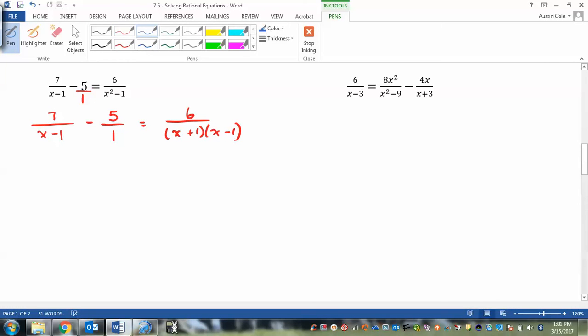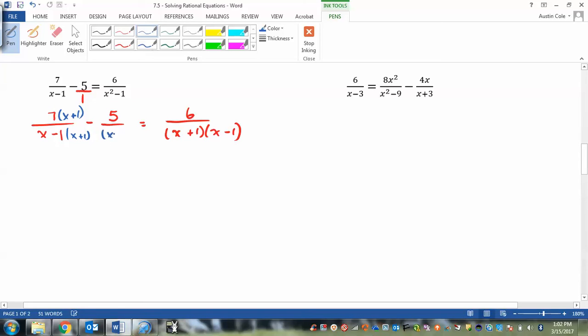Okay, and now I need to get a common denominator. Well, I think our common denominator is going to be this. So I better multiply this by x plus 1, top and bottom. And I need to multiply this by both of those. So x, I'm just going to erase my 1.